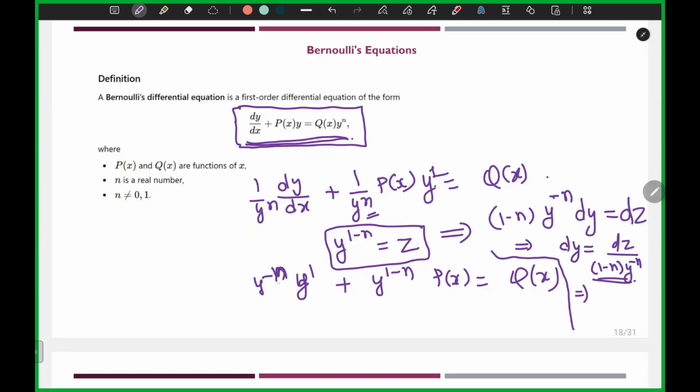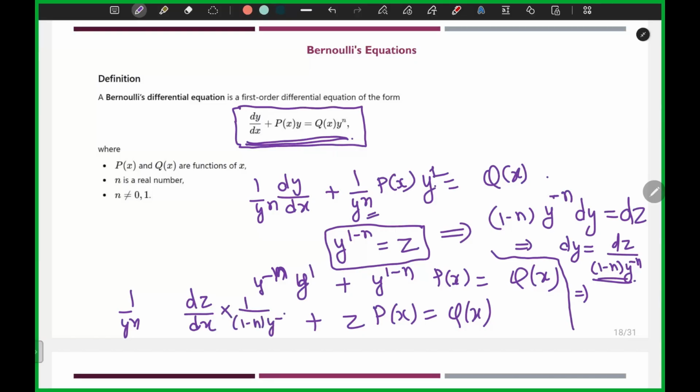Okay, so what we do, y to the power 1 minus n z into p(x) equals q(x), and you put dy equals dz by dx and 1 upon y^n, and what it is is 1 minus n y to the power minus n here.